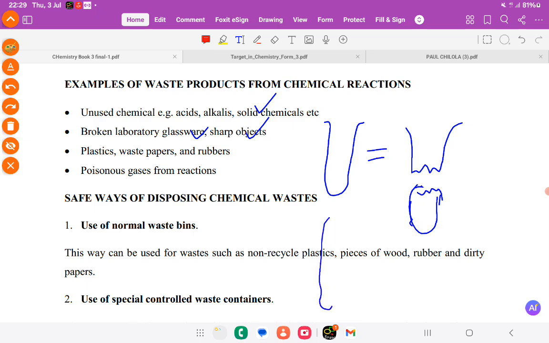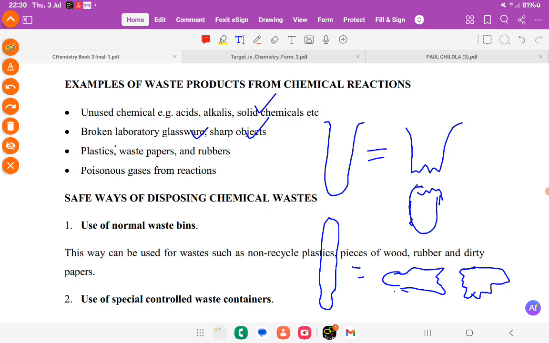Sometimes you can break a thermometer by accident. Okay, so a thermometer can be broken down into pieces. So these are also wastes which need to be cleared from the laboratory scene.